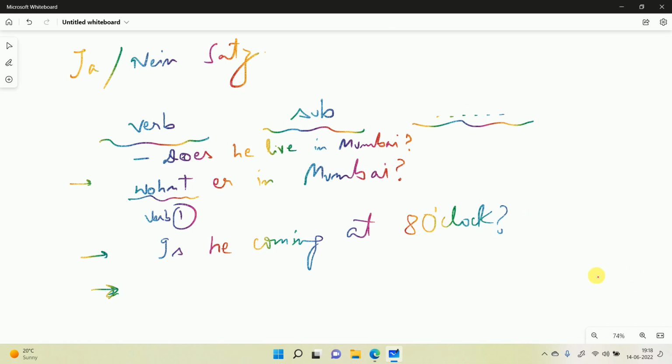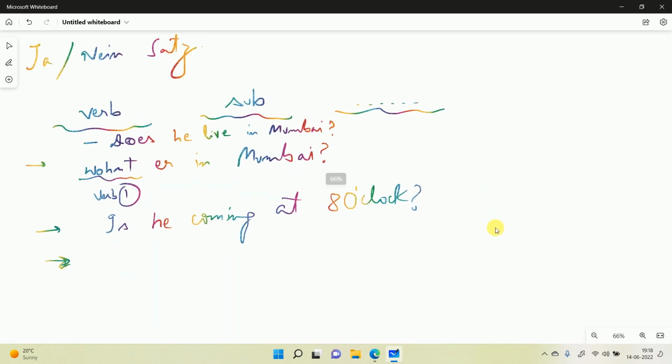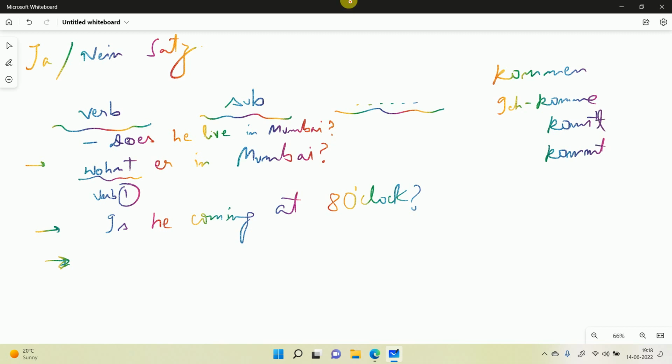So immediately you should recall the conjugation of kommen, right? Kommt er. Yes. So ich komme, du kommst, sie es kommt. Right? So you will be able to make up a sentence immediately.